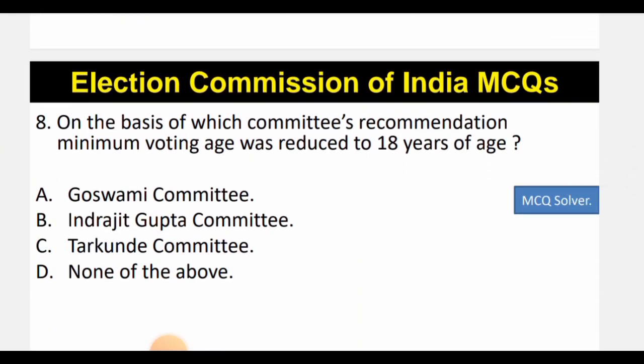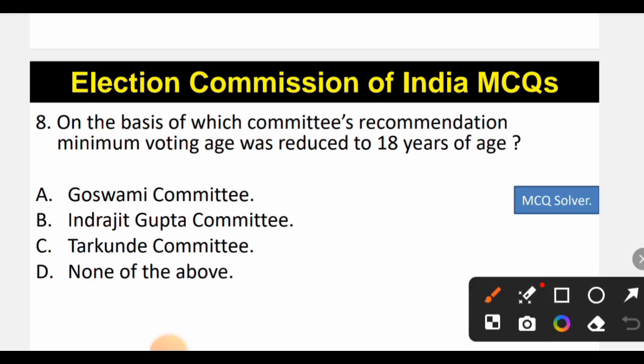On the basis of which committee's recommendation was the minimum voting age reduced to 18 years? Earlier the minimum voting age was 21, and with the recommendation of the Tarkunde Committee, this was reduced to 18 years. So the correct option is option C, that is Tarkunde Committee.